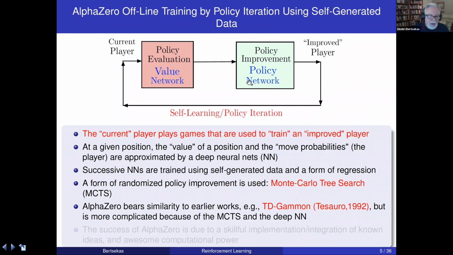TD Gammon came out in 1992, and later there was an improvement of TD Gammon that has beaten all humans, playing at a better level than all humans.